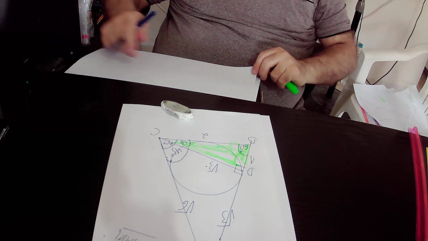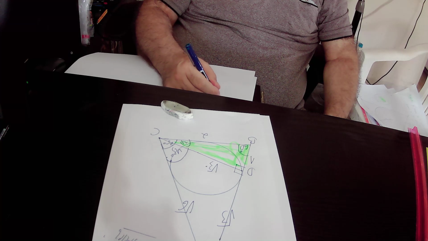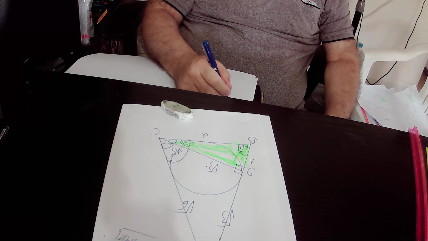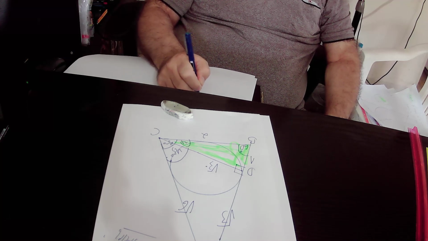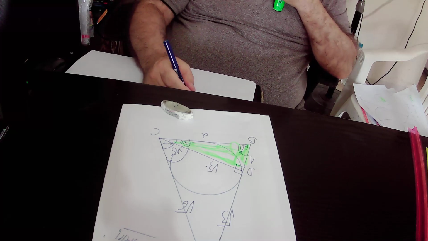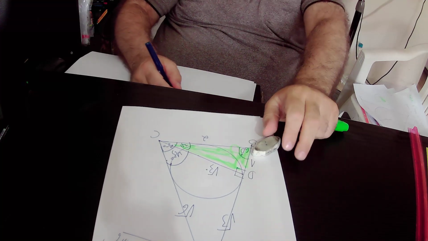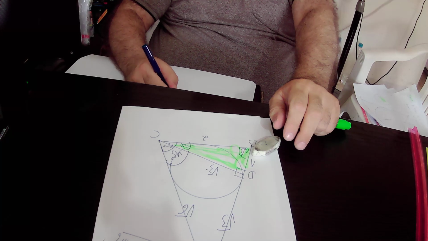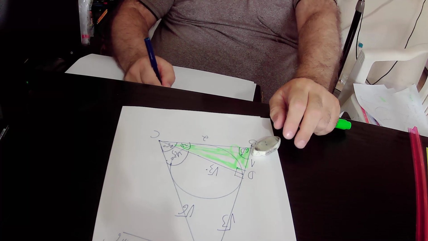So, what is the area of triangle ABC? The area of triangle ABC is equal to the base of the triangle times the height to the base over 2.